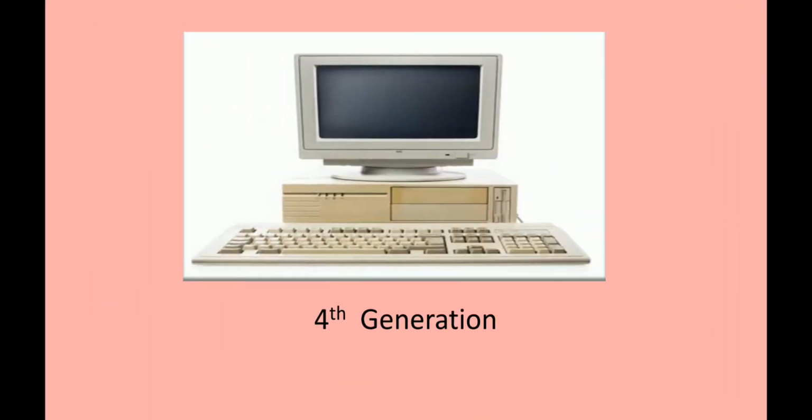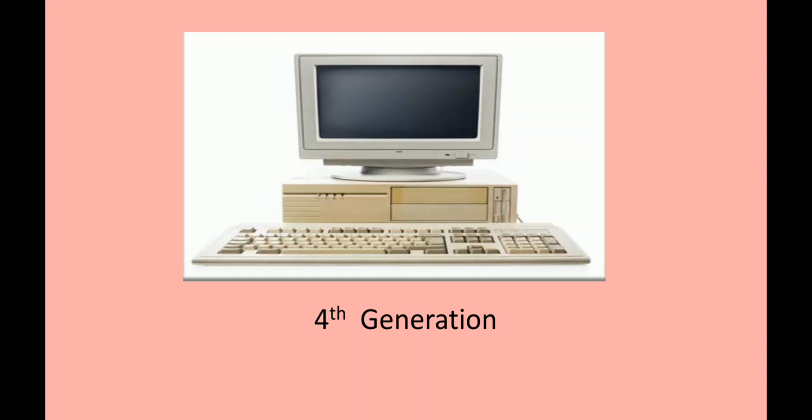So this is the picture of the fourth generation. It is like a desktop we use nowadays also. This is a kind of PC, what we are using nowadays also. But nowadays the system is also very small in size, we can say.